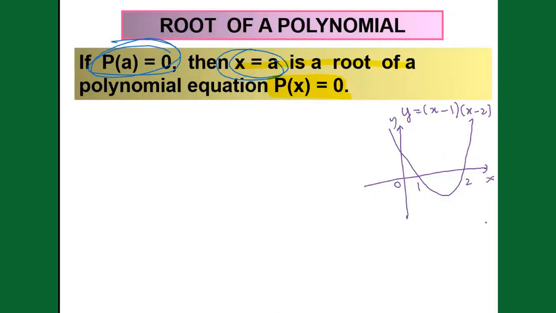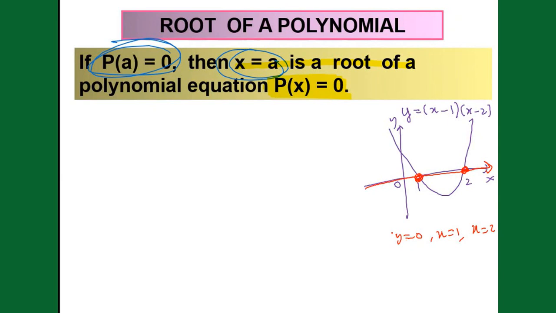Kalau kata find a root of the polynomial when Y is equal to 0, maknanya kat sini potong kat sini. So root dia is X is equal to 1 and X is equal to 2.